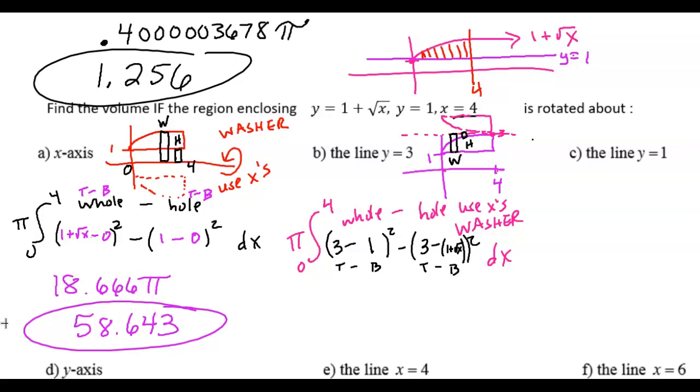Hold on. Okay, 1. Like I said, I'm just making sure I have all my parentheses.